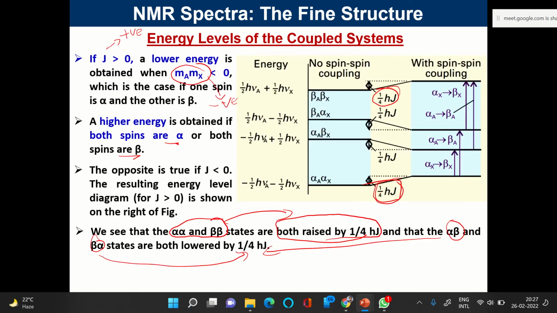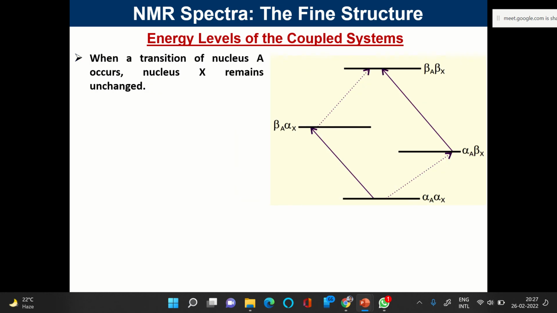So this is the picture that has been shown already. Another alternate view of the same is here: alpha A, alpha A, alpha X. So you can think of the transitions one at a time.